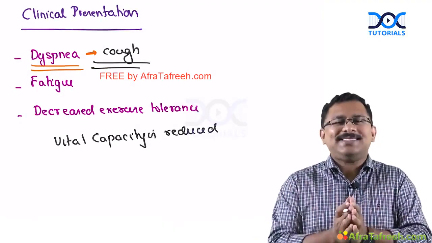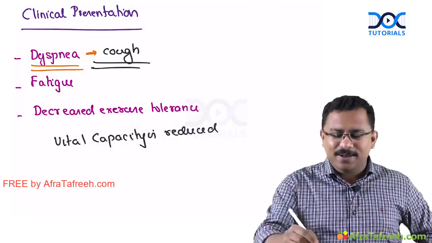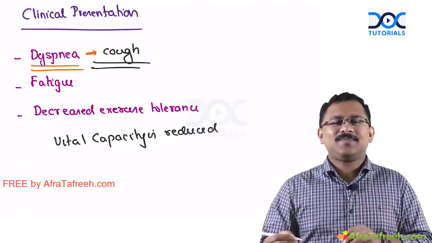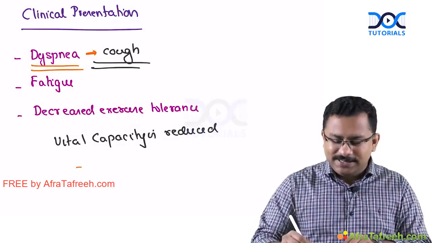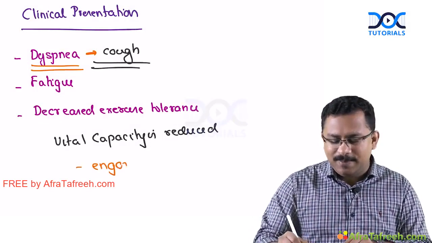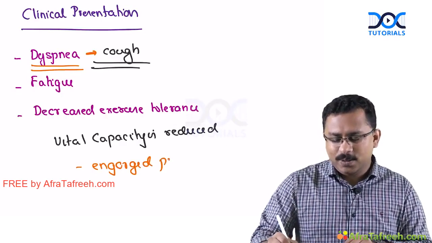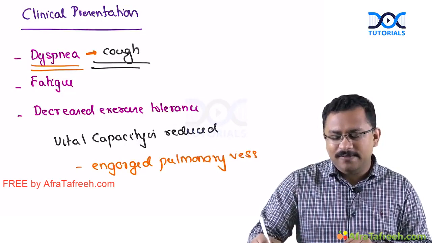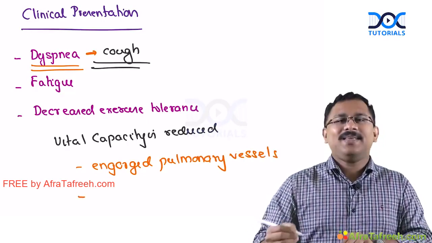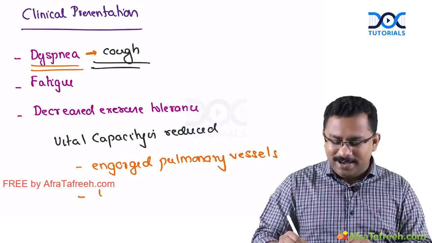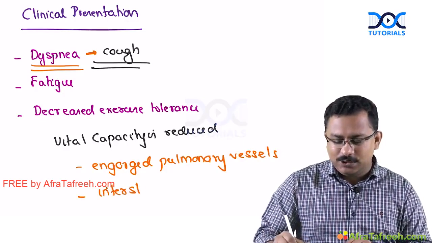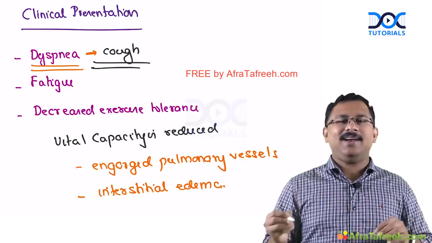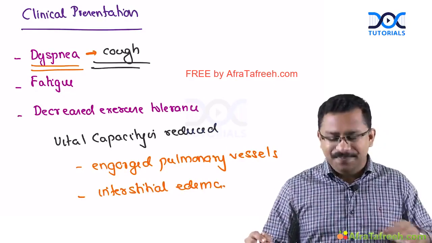If you ask me why the vital capacity is reduced in MS, one reason is the presence of engorged pulmonary vessels, and you can also have interstitial edema contributing.